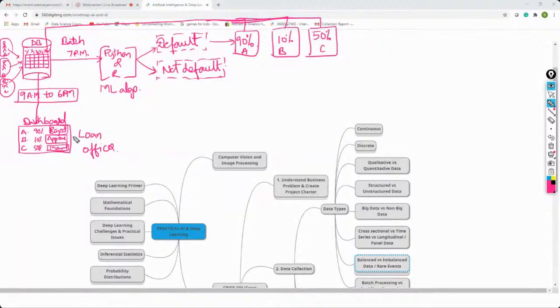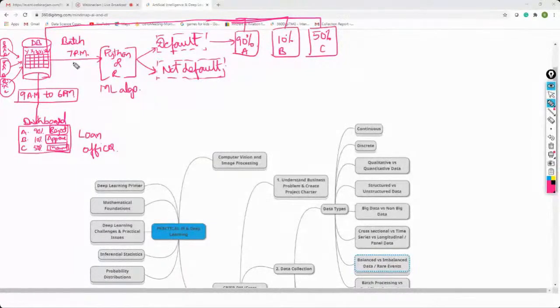So the point here is the data which is getting captured, you're taking that data and processing it in batch. It need not be once in a day. It can be 1, 2, 3 times in a day. Probably you'll say that, do you know what?